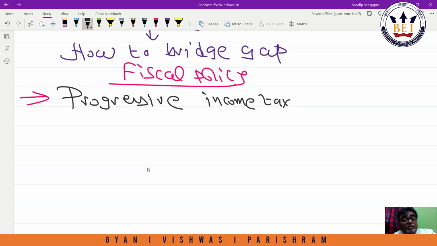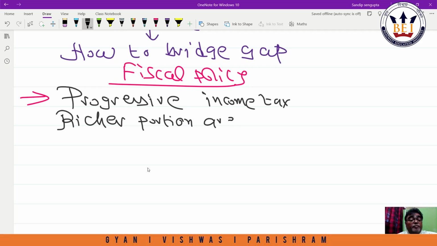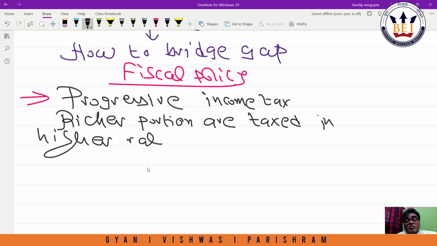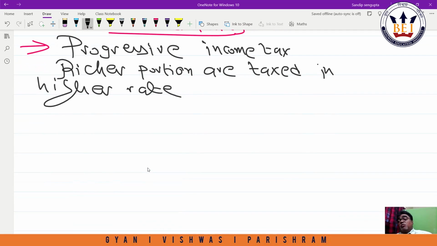It means richer portions are taxed at a higher rate. Means if income increases for the people 10%, tax will increase more than 10%.